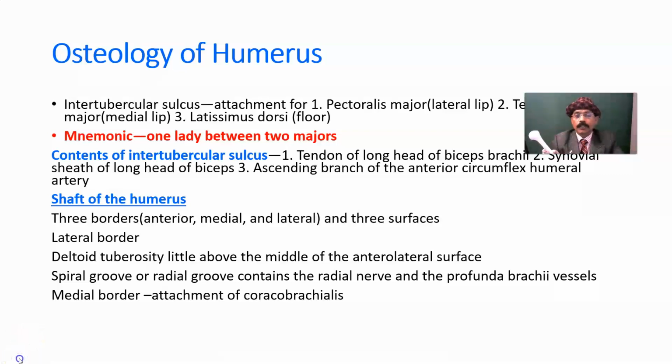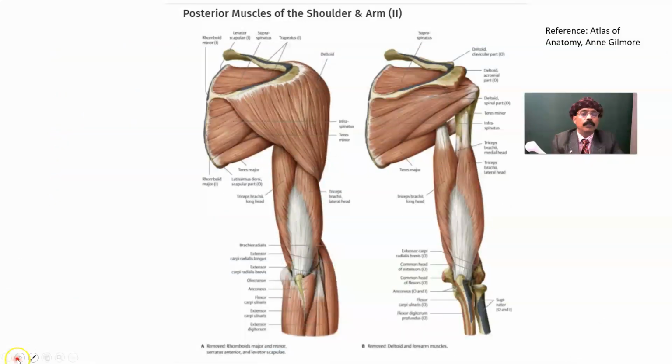Okay, we got that. Now here is the triceps muscle, which inserts to the olecranon process of the ulna, and we test the triceps jerk by hitting here. Anteriorly we have the biceps brachii, and we also assess the biceps jerk with a reflex hammer.